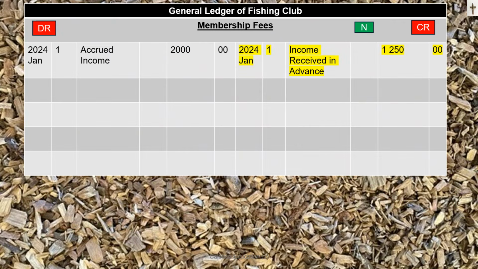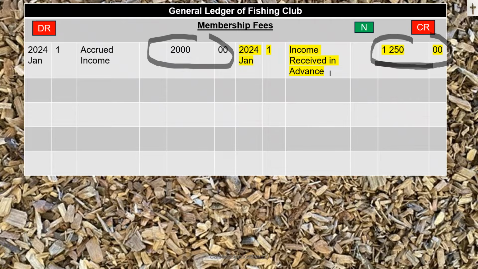And it looks like this. So the 1,250 is income received in advance. These amounts have now been brought into the current year membership fees account. This was our outstanding money from last year, and the 1,250 is actually income for this year, because last year members paid us early for the current year. So that's reverse entries.